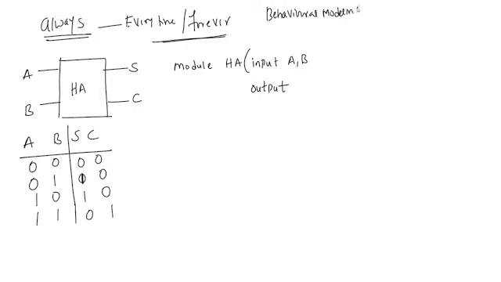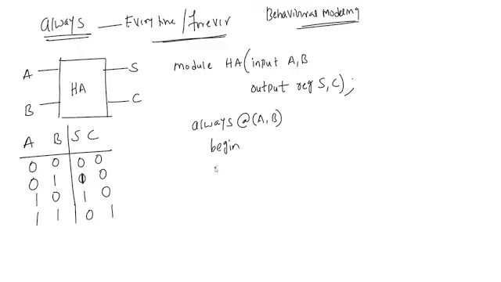Can anyone say? Yes, reg data type. And I'm using always at the rate a comma b. If there are multiple statements, I need to write them within begin and end.